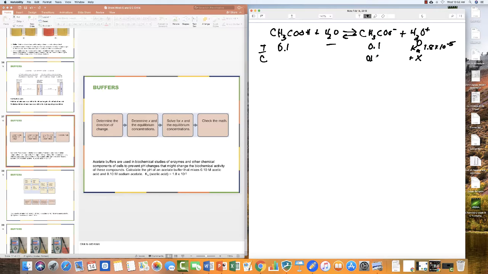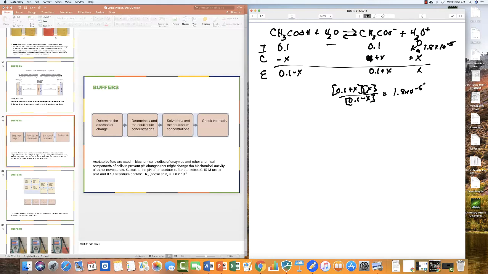We're going to end up adding a little bit, plus X, and then we're going to subtract from this. So at equilibrium, this is going to be 0.1 minus X, this is going to be 0.1 plus X, and this is X. And so we have 0.1 plus X times X divided by 0.1 minus X, and that's all going to be equal to 1.8 times 10 to the minus 5.